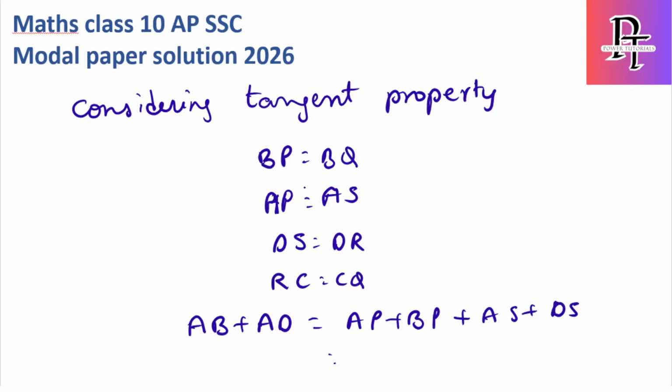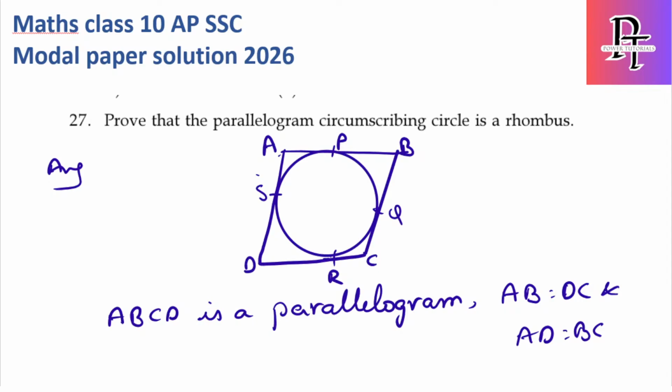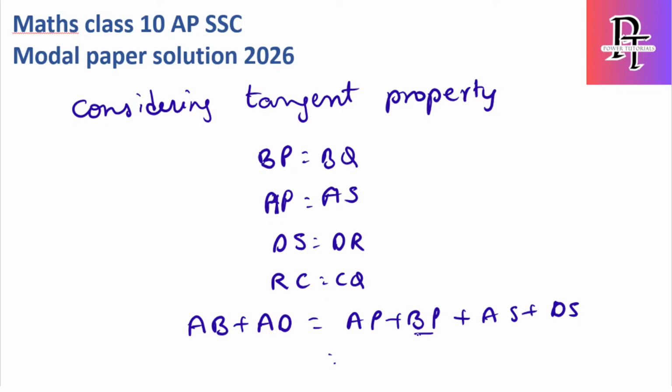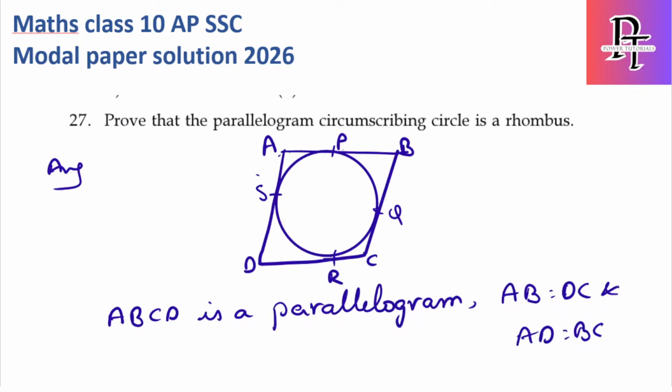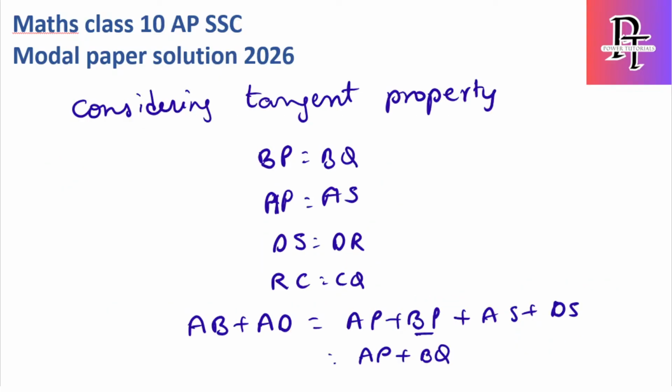If you notice, AP is nothing but AS, so I'll replace that. BP I will change to BQ.